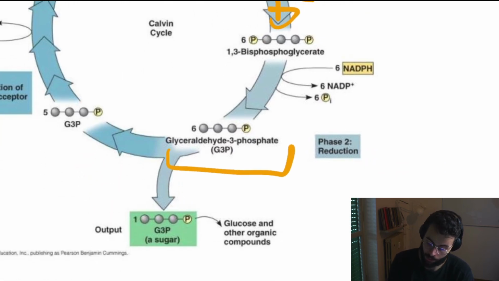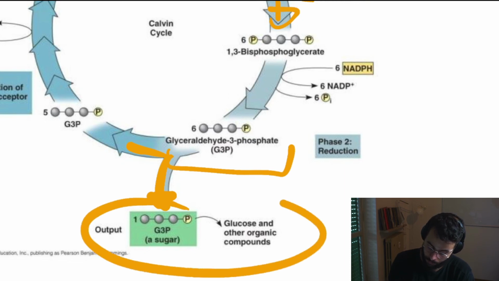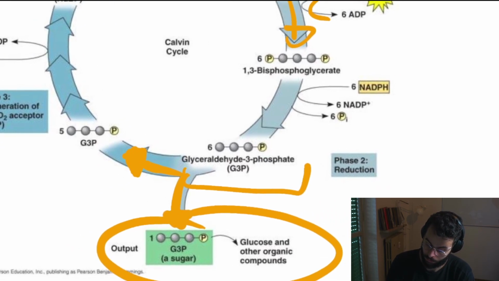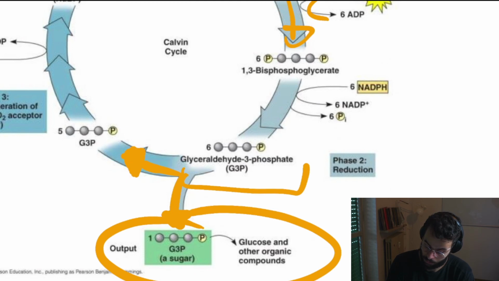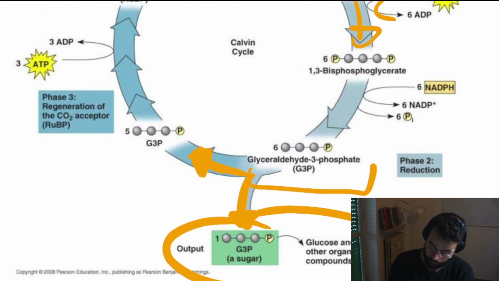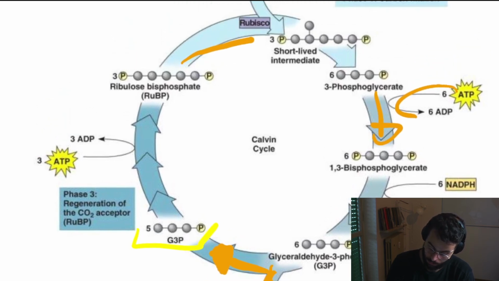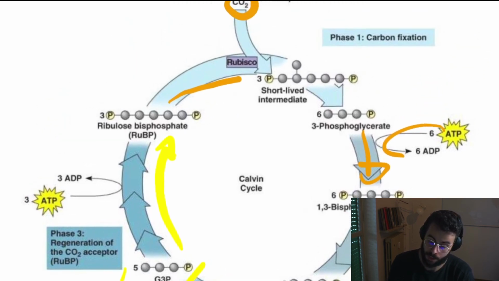This part is where you have the diversion. One molecule, because it's one cycle, is going to wait for the next one in order to become a glucose. And the 5 other molecules are going to allow us to create ribulose bisphosphate.